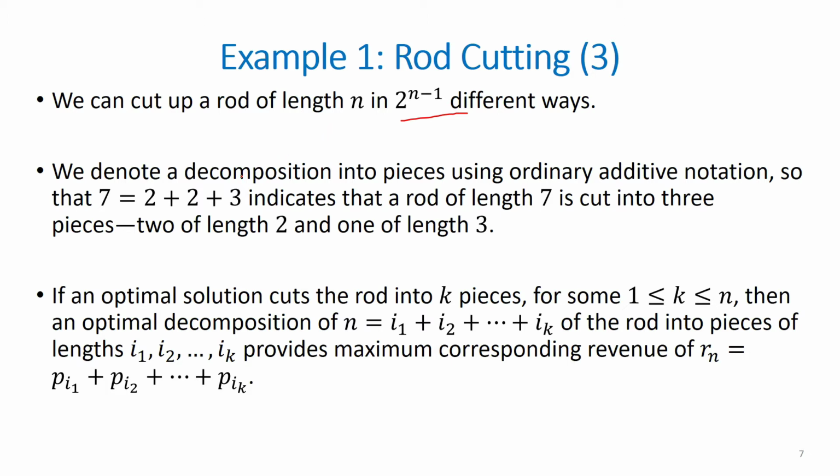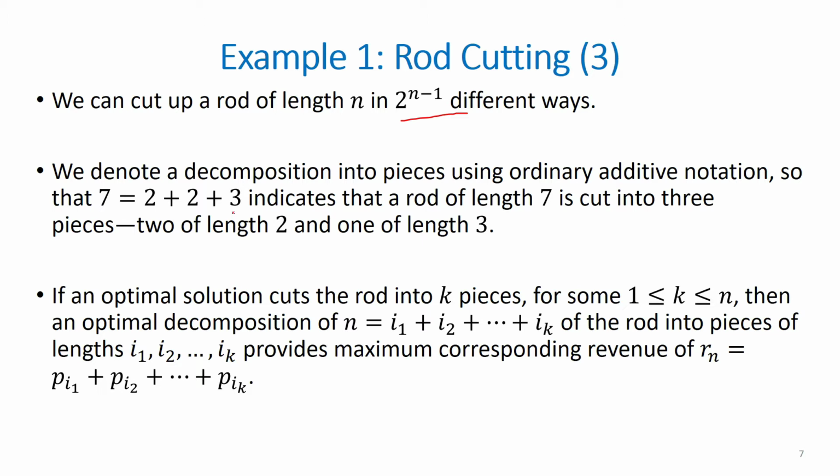In this example, suppose we have a rod of length 7, and the optimal decomposition would be cutting it into 3 pieces. The first of length 2 inch, the second of length 2 inch, and the third of length 3 inch. So this indicates that the rod of length 7 is cut into 3 rods of length 2, 2, and 3 inches.